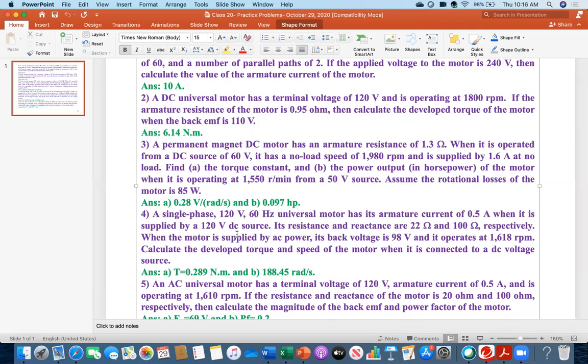So EAC should be the RMS value? Yes, EAC should be RMS. So in the original equation, EAC over EDC, omega DC, that is the RMS value. Okay, all right. Thank you.